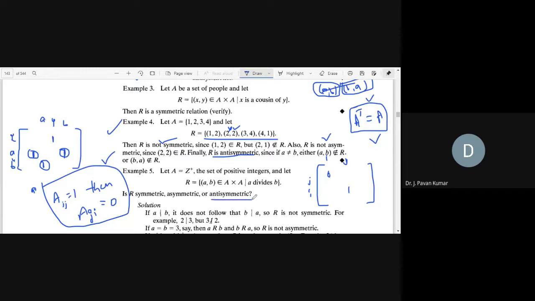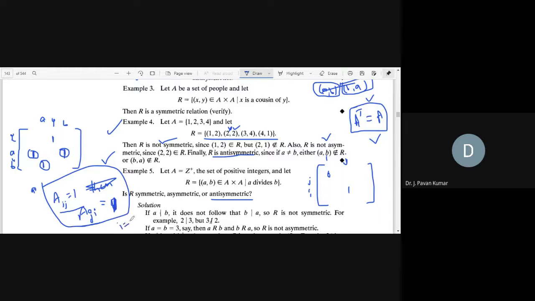Similarly, how can we identify antisymmetric? What is the condition for antisymmetric? If Aij equal to 1 and Aji equal to 1, then i is equal to j.